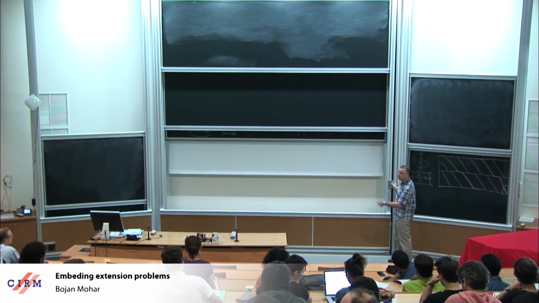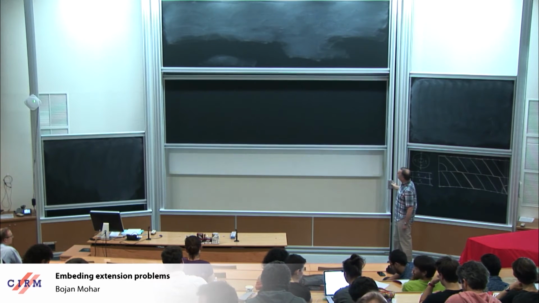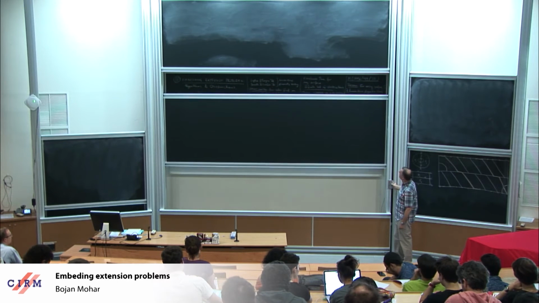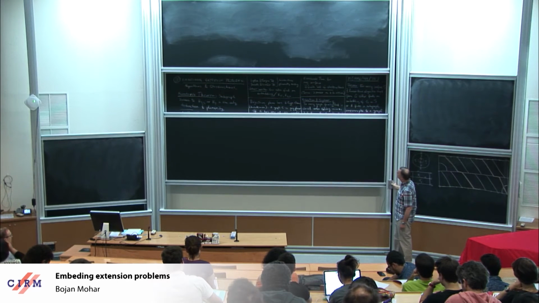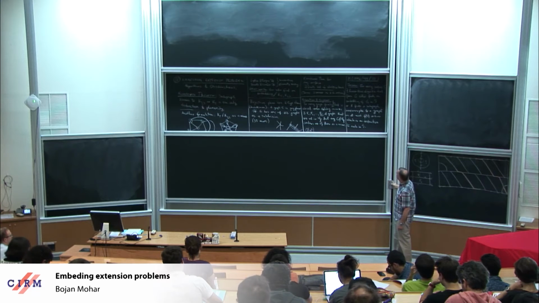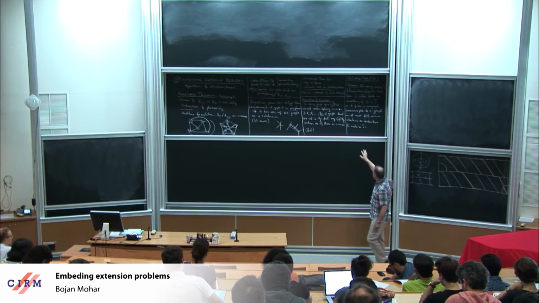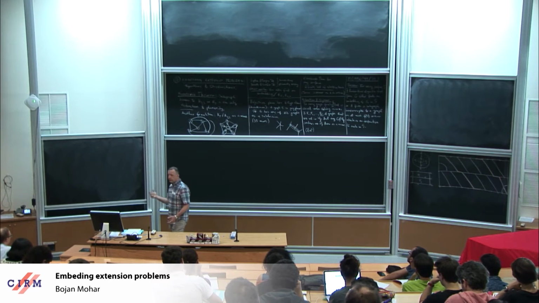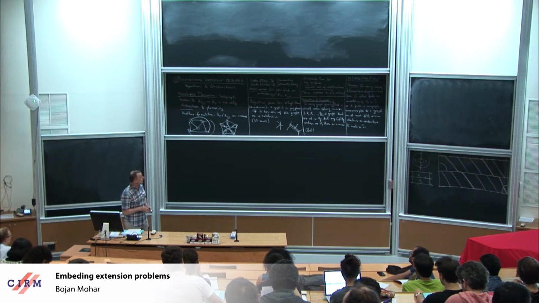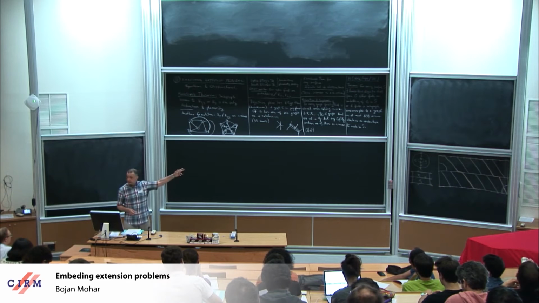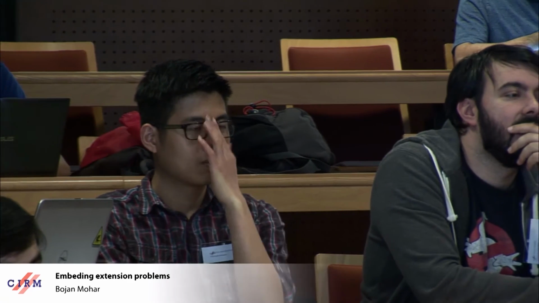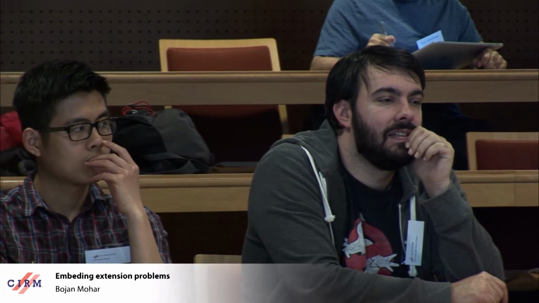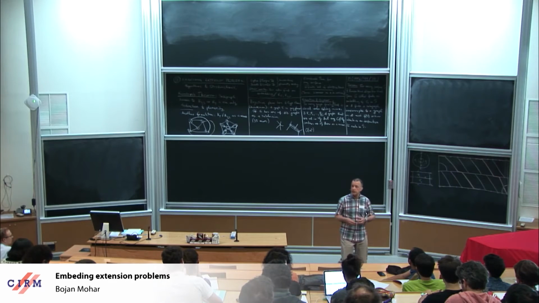Now I will try to say a few words how you can do that. I should mention that this was actually the first proof of the Kuratowski theorem which was constructive.